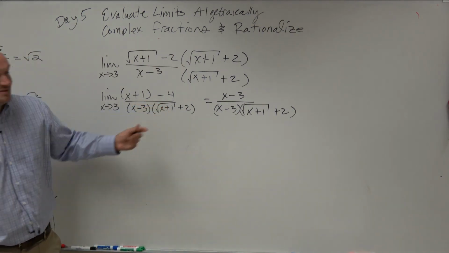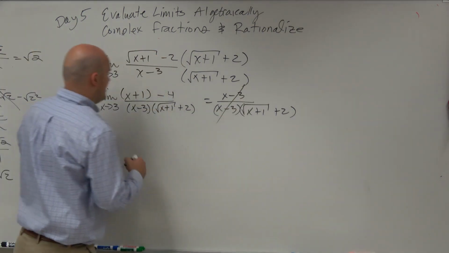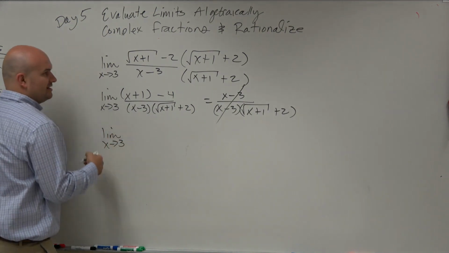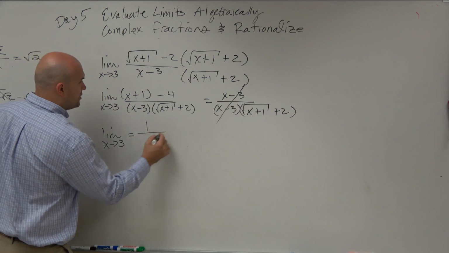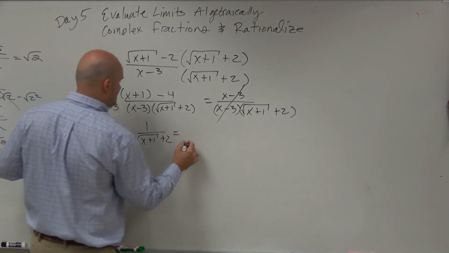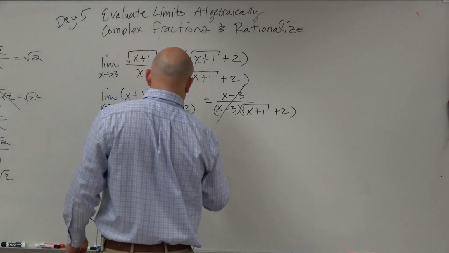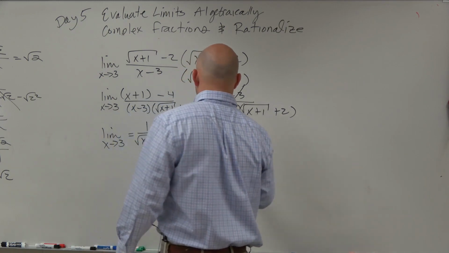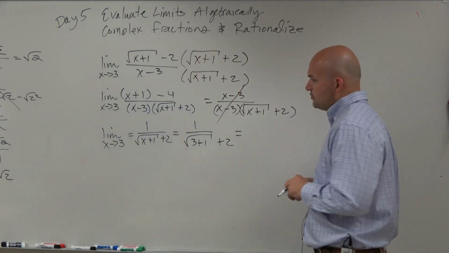Uh-oh. What happens with the x minus 3s? Yay. So now, as x approaches 3, I can just directly substitute: 1 over the square root of x plus 1 plus 2 equals 1 over the square root of 3 plus 1 plus 2. 3 plus 1 is 4. Square root of 4 is 2.